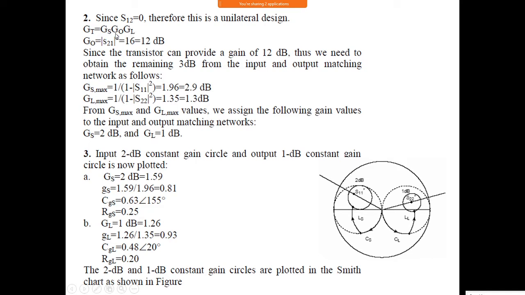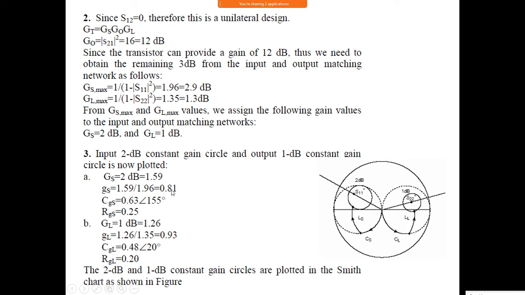So G naught is 12 dB here. This is the same previous problem. GS maximum is 1.96, that is 2.9 dB, and GL maximum 1.3 dB. So what we did, 2 dB we took for this GS and 1 dB for the GL. So total gain we got is 15 dB.